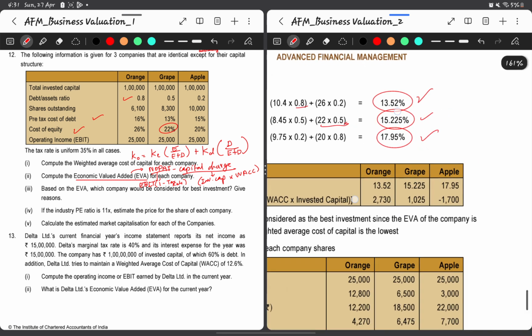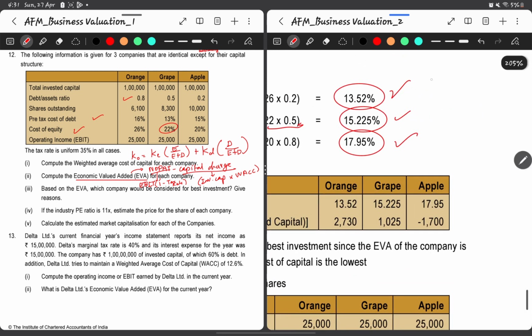So in case of Orange, the NOPAT is 25,000 multiplied by 1 minus 0.35.